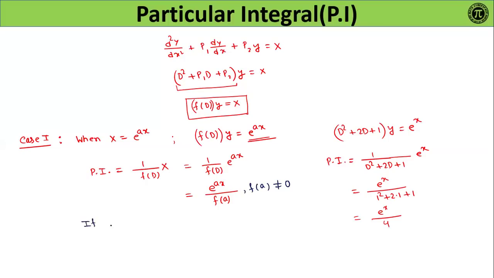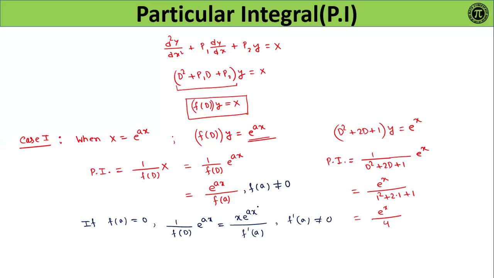If f of a equals 0, in that case 1 by f of D e to the power ax will equal, you just have to multiply by x. So x into e to the power ax divided by the single derivative, that means f dash a. Clear?